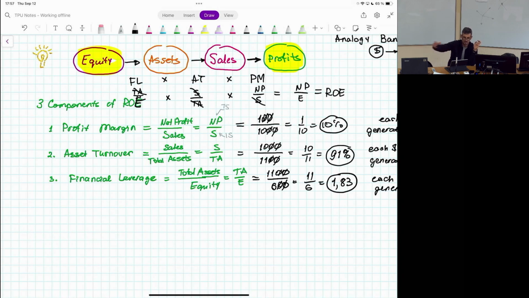А экономический смысл у них такой, что мы видим поэтапно, как происходит трансформация нашего капитала. То есть сначала equity трансформируется в активы, это финансовый рычаг показывает, с какой эффективностью. Потом активы трансформируются в продажи, это показывает оборачиваемость активов. И, наконец, продажи трансформируются в прибыль, это показывает рентабельность продаж.